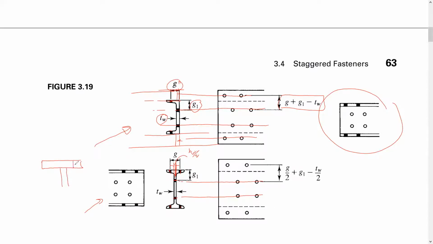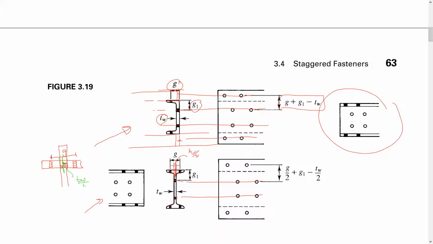We have one line of bolts here, another line of bolts here, and let's say this is G. If we take it from the middle, this distance is web thickness over 2, and when we unfold it, it will be like this, but this distance is going to be extra.